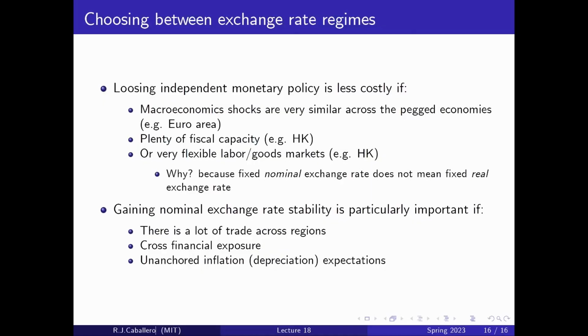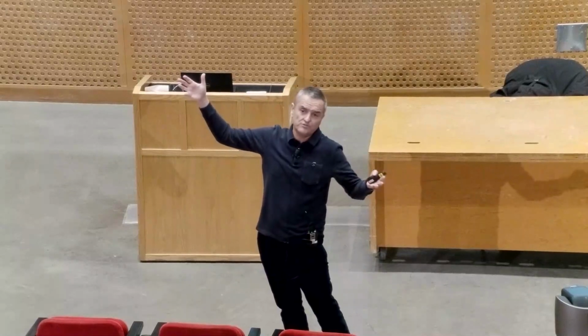The other reason why countries fix the exchange rate, and that's the Argentinian reason and so on, is when they have no control over inflation, they have no credibility. If you peg to another currency that has credibility, then the hope at least is that you will inherit the credibility of the other currency. And that's what they tried to do. Argentina had a currency board, like Hong Kong for a while. The whole idea was to control inflation.